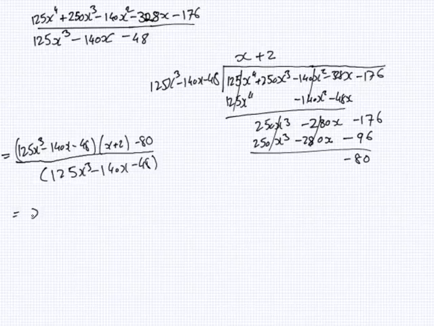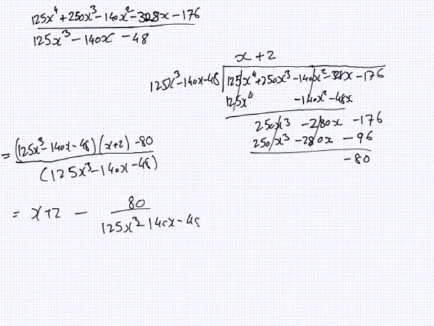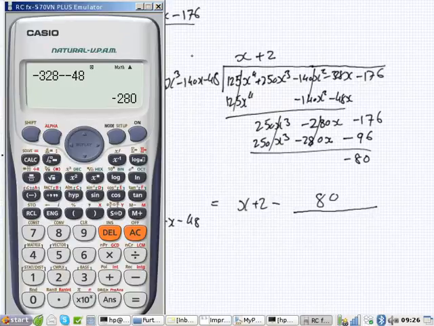Which equals x plus 2 minus 80 over this. Let's check what we get here.